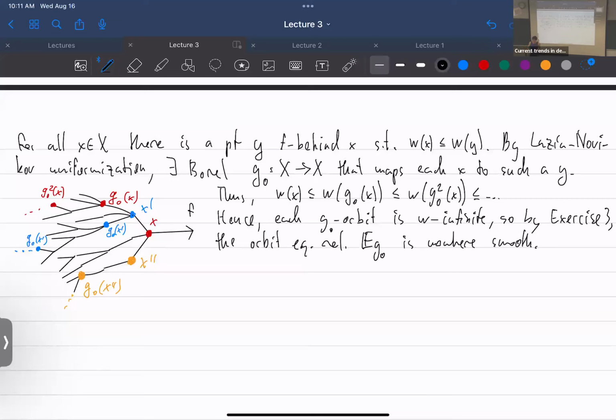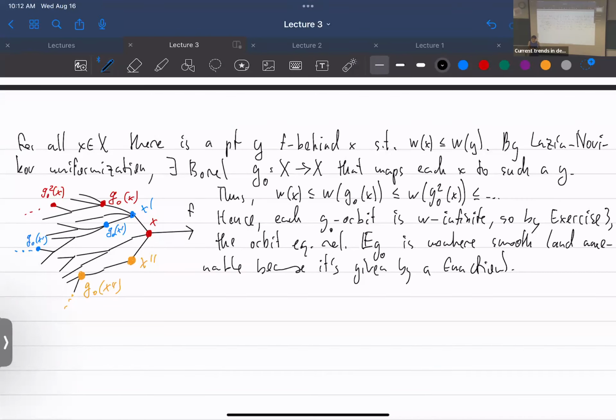And clearly it's amenable because it's generated by a single function. Okay, so we built one amenable equivalence relation.